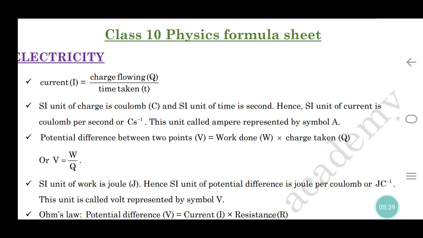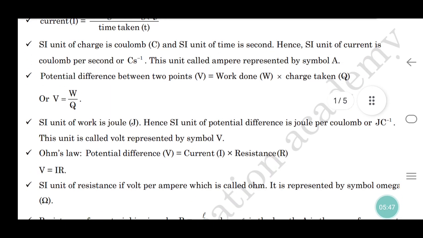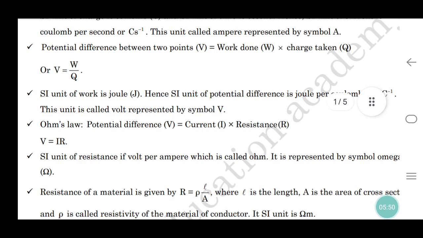Next, V is equal to W by Q, work done divided by Q. The SI unit of work is joule, and the SI unit of potential difference is joule per coulomb, JC to the power minus 1.